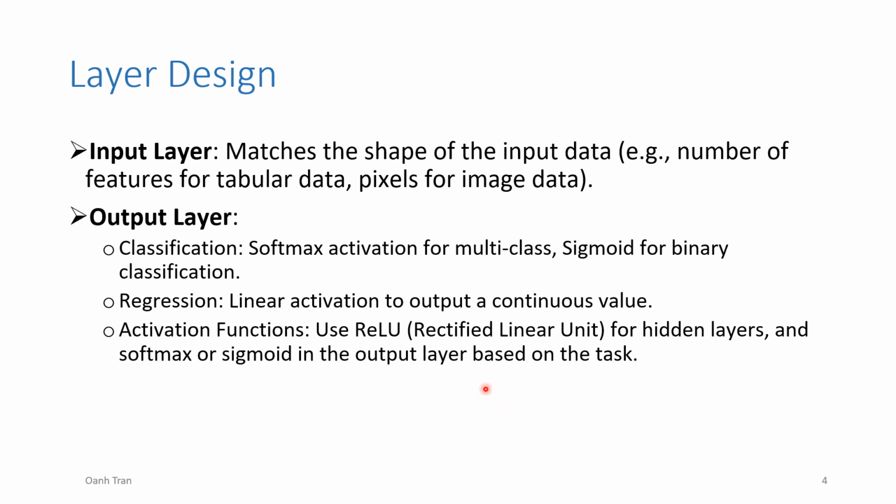As I mentioned in the very first introduction to ANN, every ANN must have an input layer. The input layer will capture the features of the input data. It should match the shape of the input data.